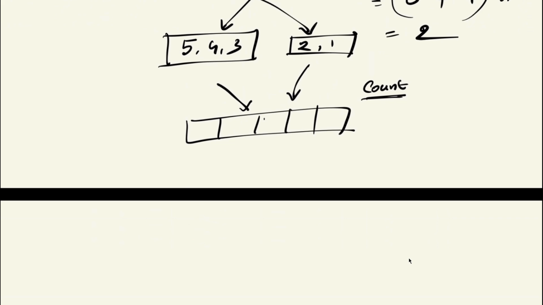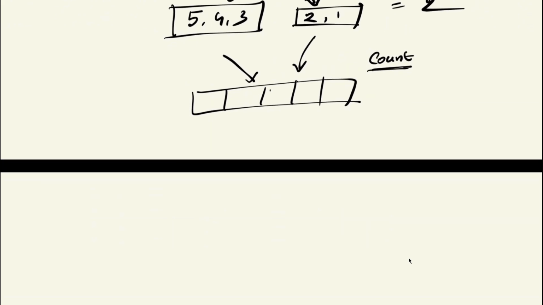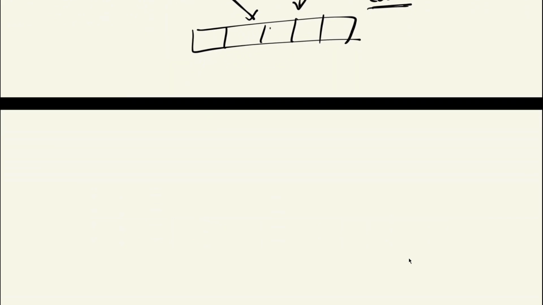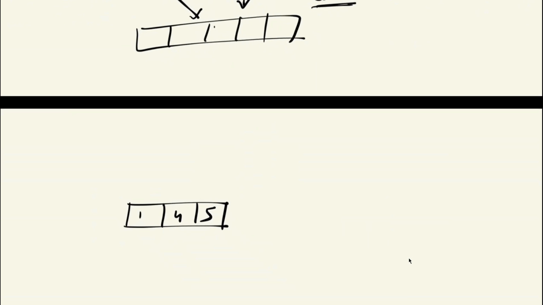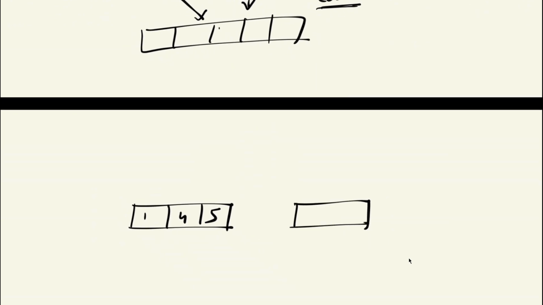For that, let's for now assume all the arrays of this level are sorted. What it means is, let's write here, the left part of the array should look like 3, 4 and 5, and the right part of the array should look like 1 and 2.